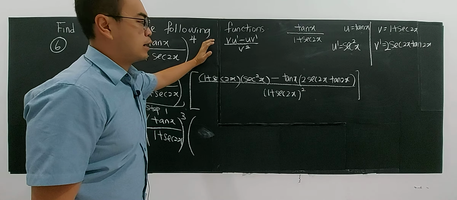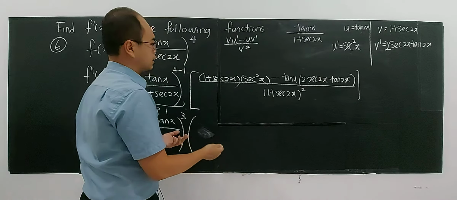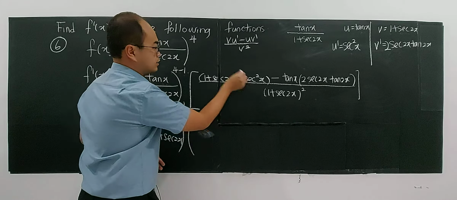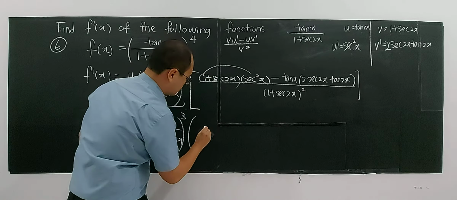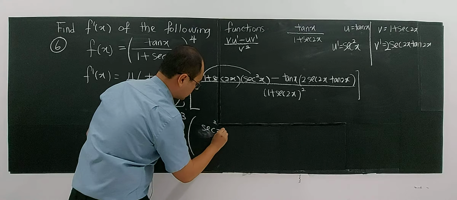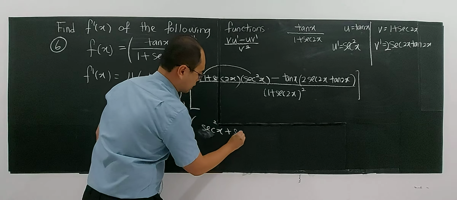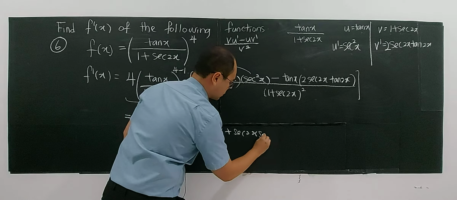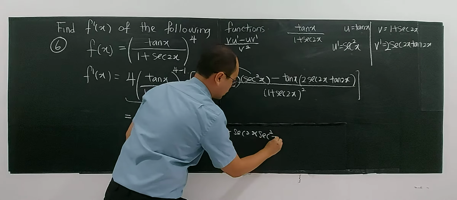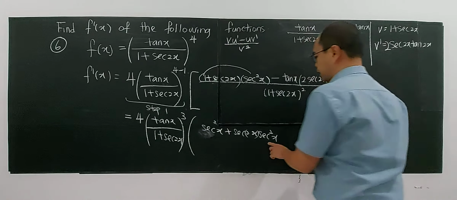Here you have 1 plus secant 2x, and here secant square x, and secant 2x is a different thing. So I just expand everything here: secant square x, plus secant 2x multiplied with secant square x, where 2x is different, so they cannot multiply together.